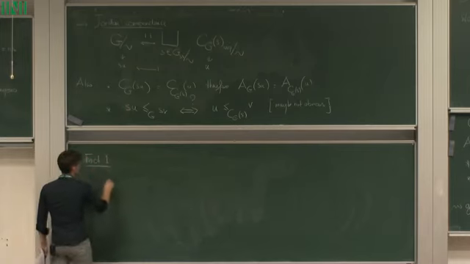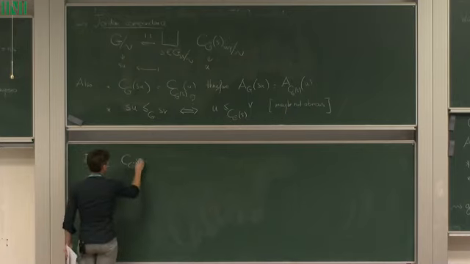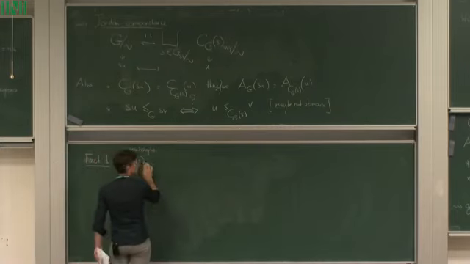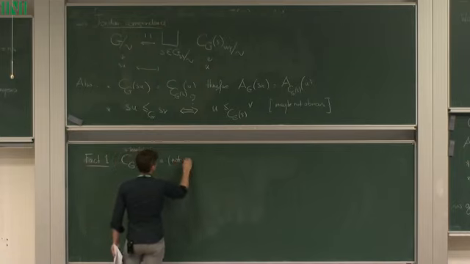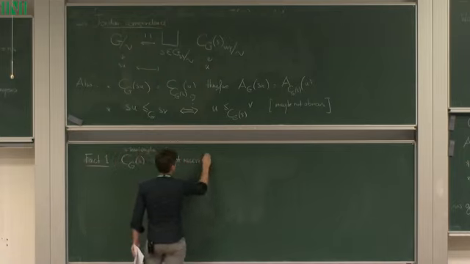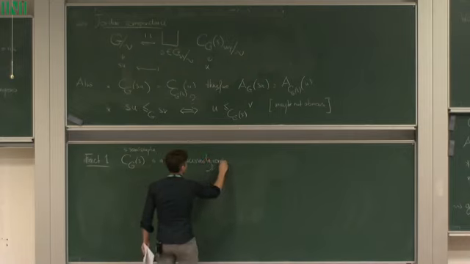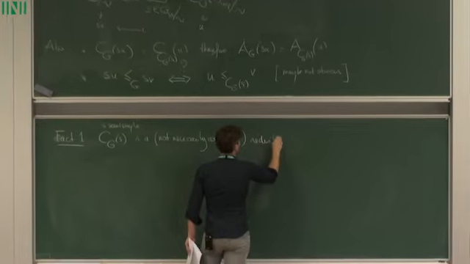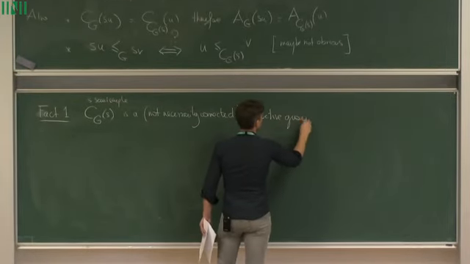What's actually a theorem is that C_G(S), if S is semi-simple, is always a reductive algebraic group. But the only problem is that it might not be connected. That's the first thing.